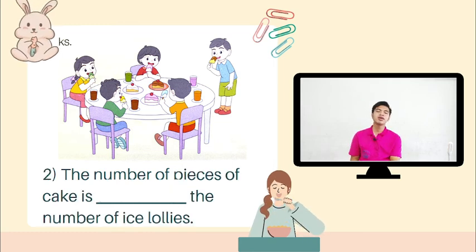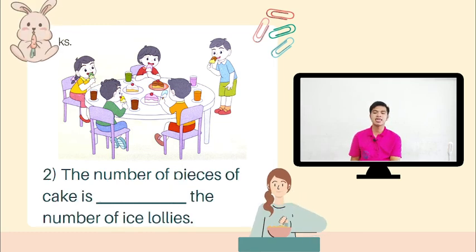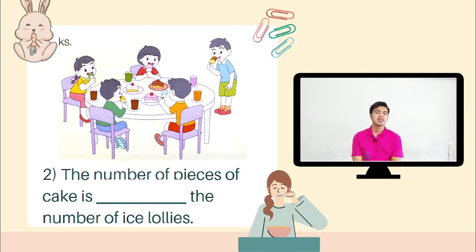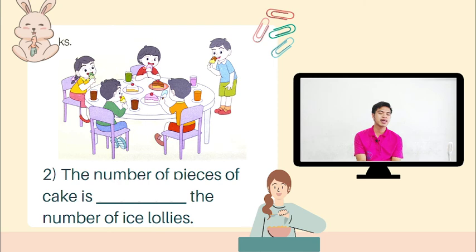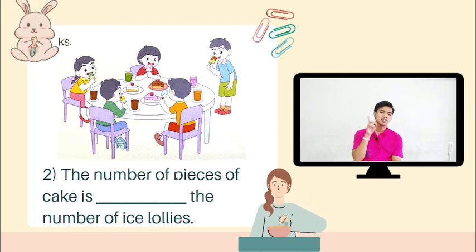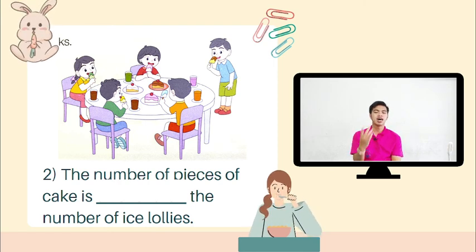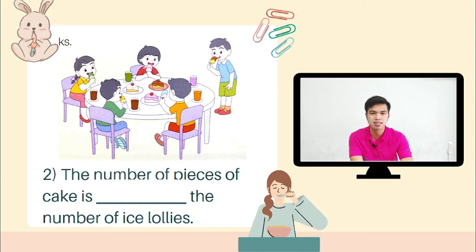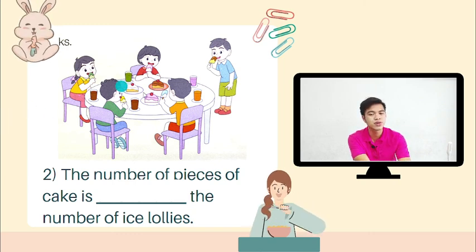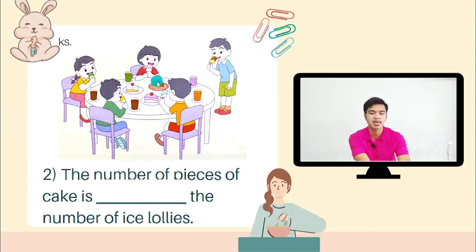Number 2, the number of pieces of cake is blank the number of ice lollies. So we're going to count first the cake. Let's count the cakes. 1, 2, 3. There are 3 cakes.